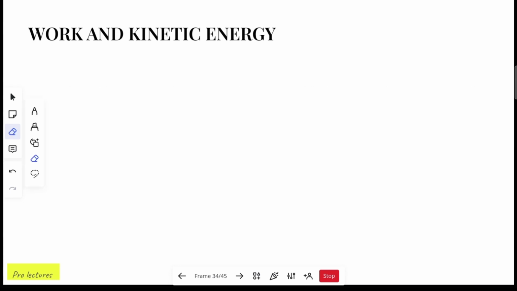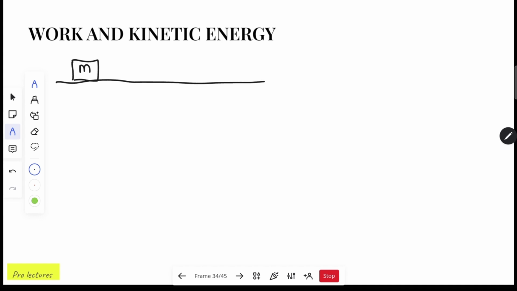Let me explain what I said with an example. Consider there is an object of mass m. It is moving along a straight line when we apply a force F. Say it moves a distance S. This is the distance, and the force is along the direction of motion.